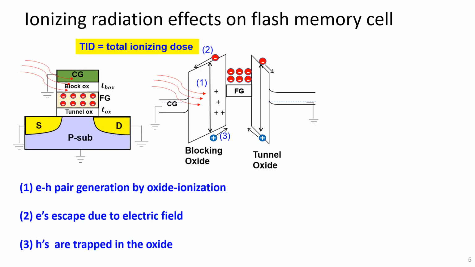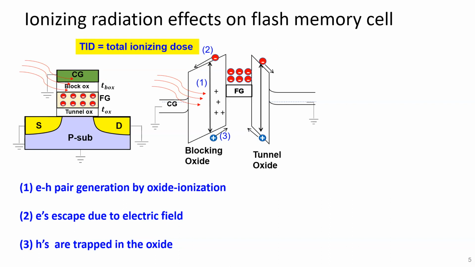In terms of radiation response of flash, I'd like to explain this with these diagrams. Flash is a charge-based memory where information is stored in the form of electronic charge on the floating gate. Now, flash is fundamentally vulnerable to radiation, mainly because of its thicker oxides, the blocking oxide and tunnel oxide. Because of those oxides, ionizing radiation causes data corruption in flash. So let's see why the oxides cause this.